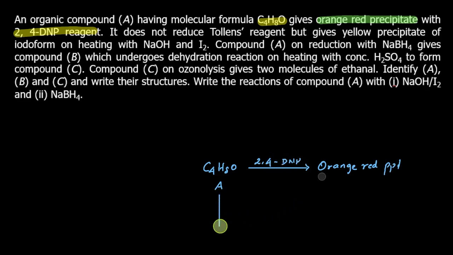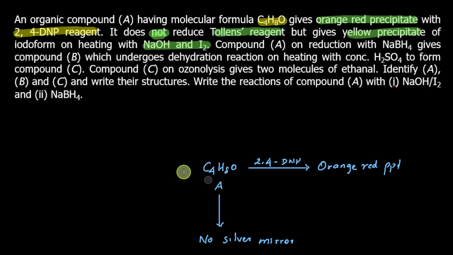The next hint given here is the reaction with Tollens reagent. Compound A does not reduce Tollens reagent, which means no silver mirror is formed. But it gives yellow precipitate when it is treated with NaOH and I2.